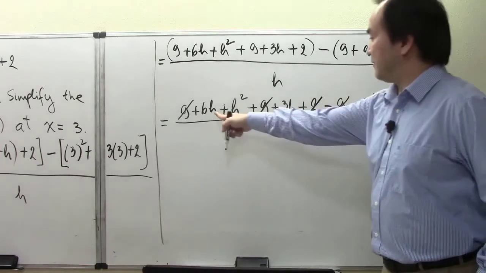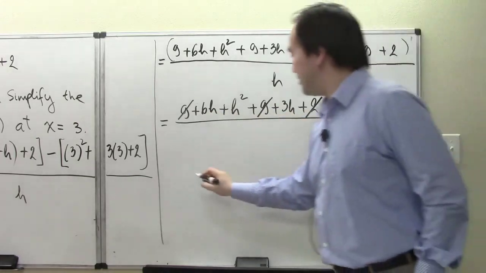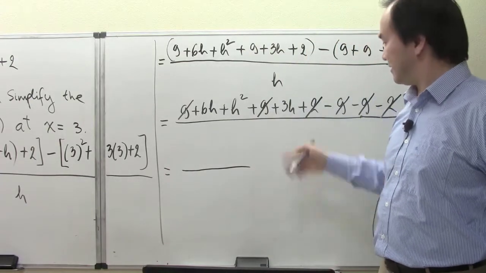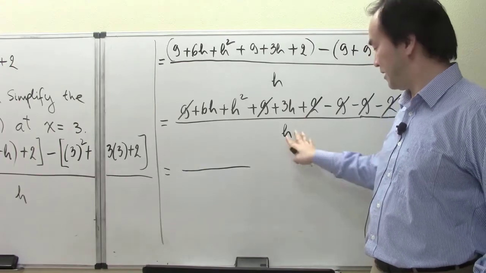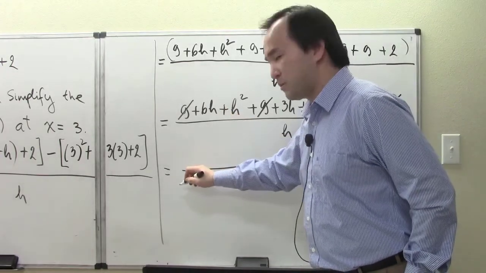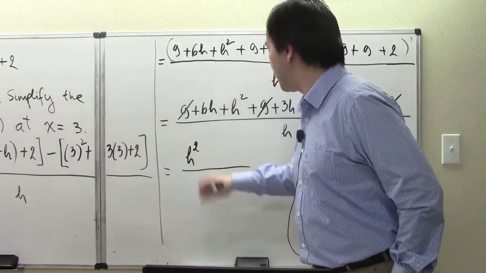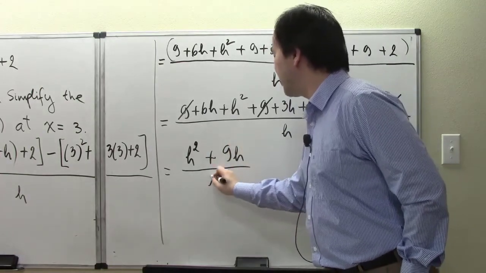And now we have 6h and 3h. They are like terms. So now look at how short our expression becomes. And I forgot to put the h in the denominator there, but it is here now. So now our next expression looks as follows: h squared plus 9h over h.